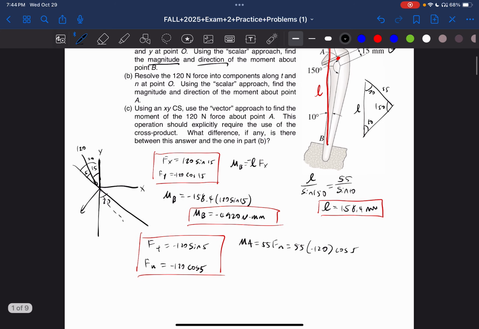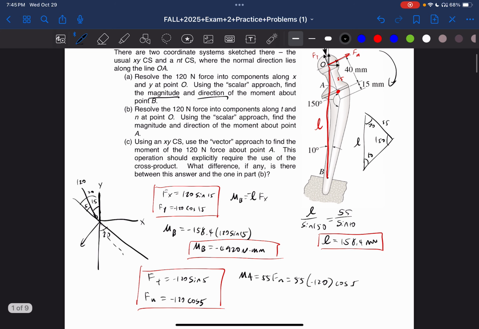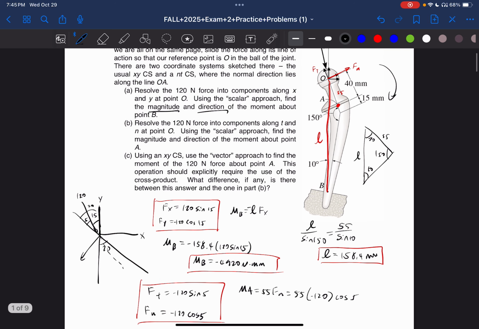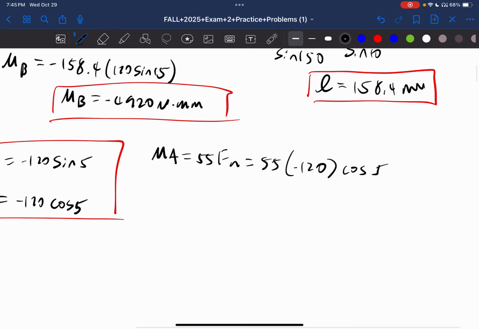And taking a look at the direction, we know that's going to be in the positive direction because it's this way. So we actually don't need this negative sign, so just put a positive sign there. So moment around A is going to be equal to 418.4 Newton millimeters.